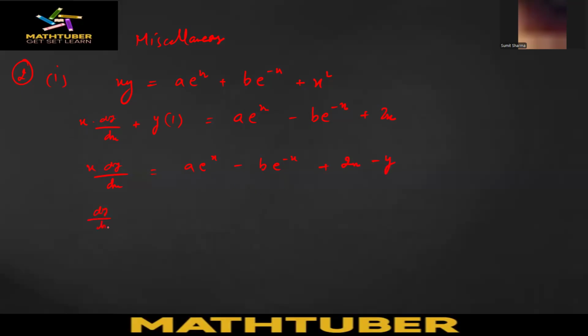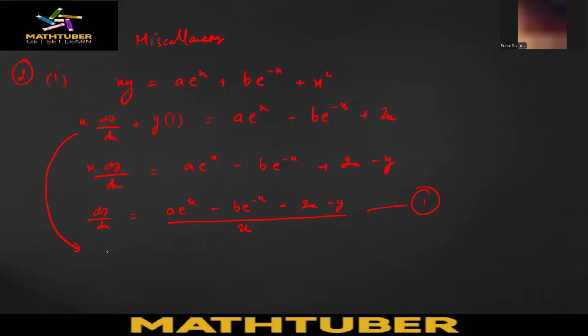So you'll get the value of dy by dx, which is a e raised to power x minus b e raised to power minus x plus 2x minus y, whole divided by x. So this is the first, right, that we have to use.